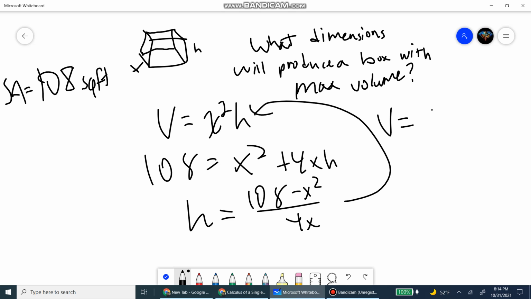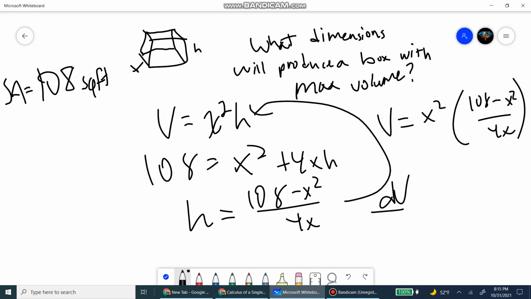So you have V equals x squared times 108 minus x squared over 4x. You're trying to maximize this function. You can find the derivative and set it equal to 0 to get the max value. You can find the max x, then plug that in to get the h, and then you have the dimensions.